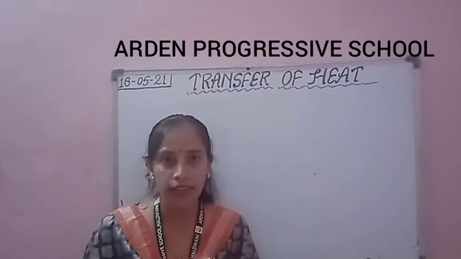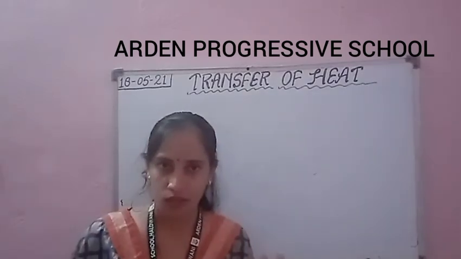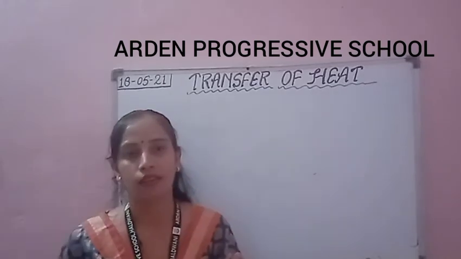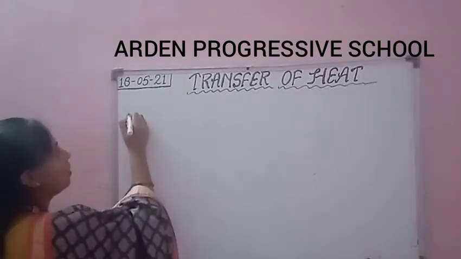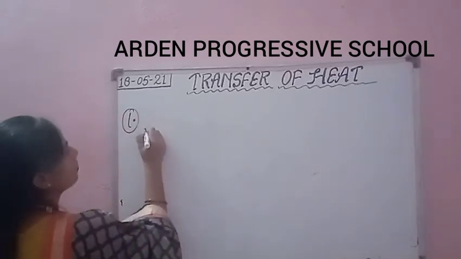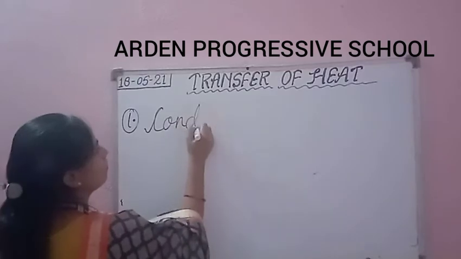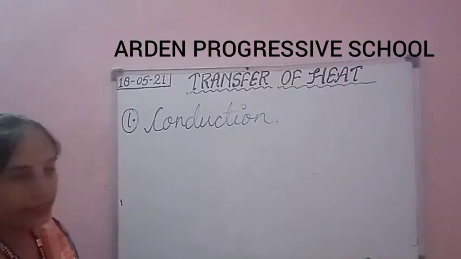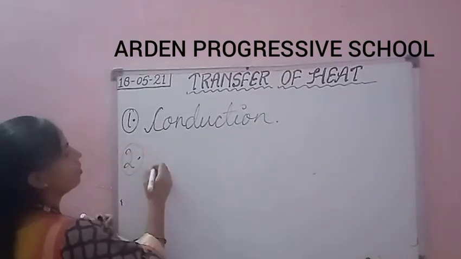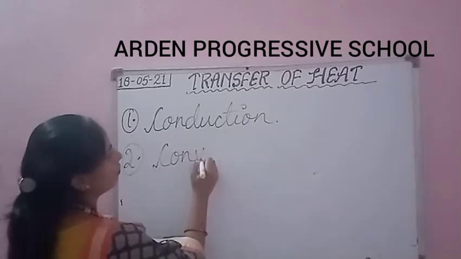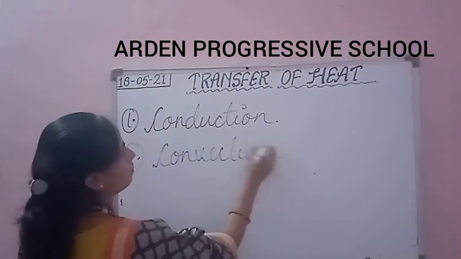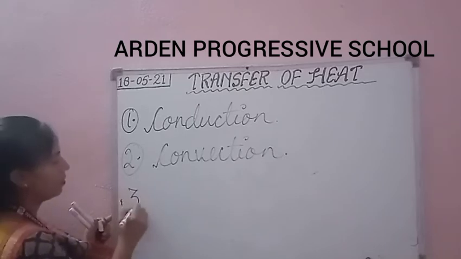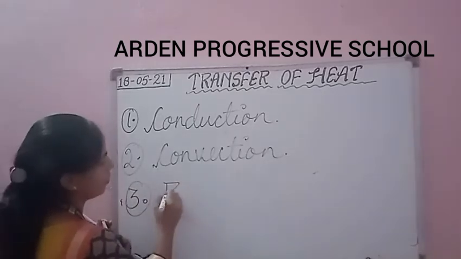Clear? So students, there are three methods through which heat is transferred. The methods are, first one is conduction, second is convection, and the third one is radiation.